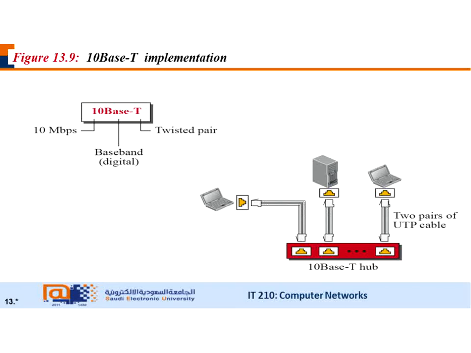Now the next implementation is 10Base-T, or we can say twisted pair Ethernet. 10Base-T uses a physical star topology. The stations are connected to a hub via 2 pairs of twisted cable.